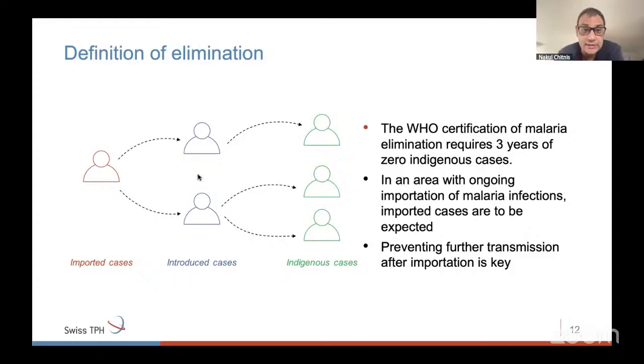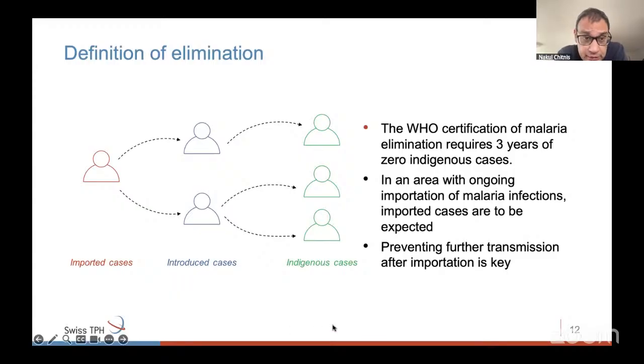And the definition of elimination for malaria is to have 0 indigenous cases, and for at least 3 years. And after 3 years, the WHO would then certify malaria elimination, including a lot of making sure the surveillance system is strong and so on. So for countries that are eliminating, they're allowed to have imported cases, they're allowed to have introduced cases, they just cannot have any indigenous cases.